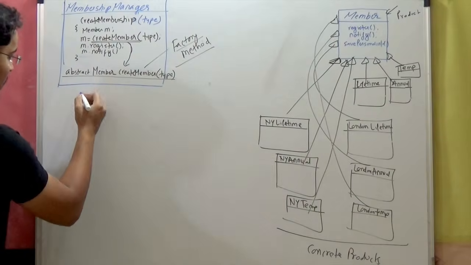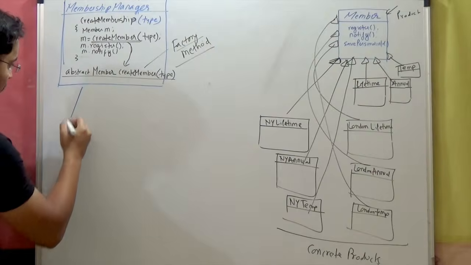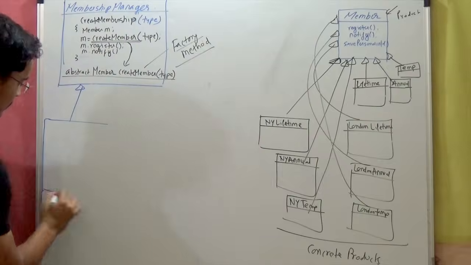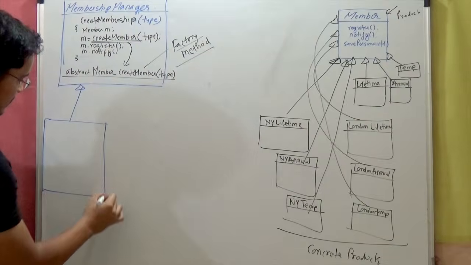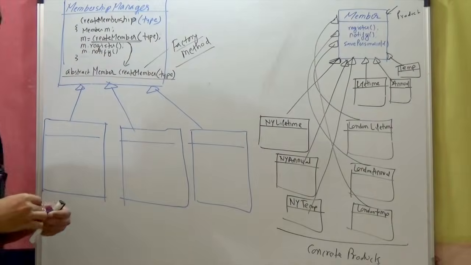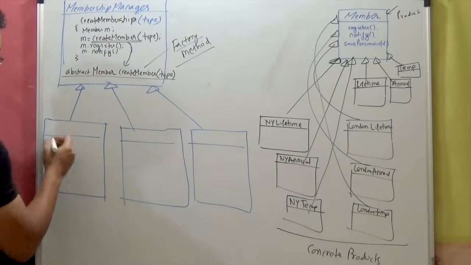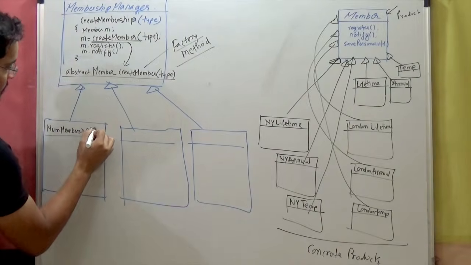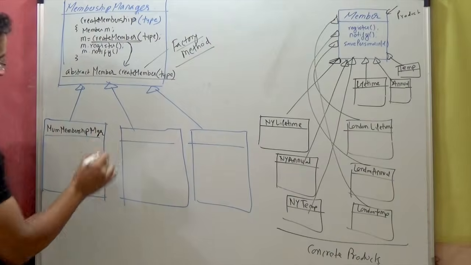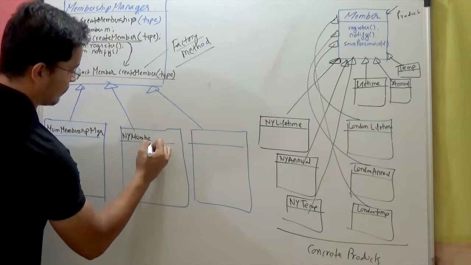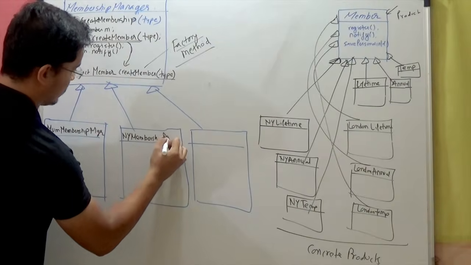So now, see, this membership manager has become abstract because it has one abstract method. And now we'll have 3 separate membership managers because we have 3 centers instead of 1. One membership manager is for Mumbai, so let's say Mumbai membership manager, right? Then we have New York membership manager.